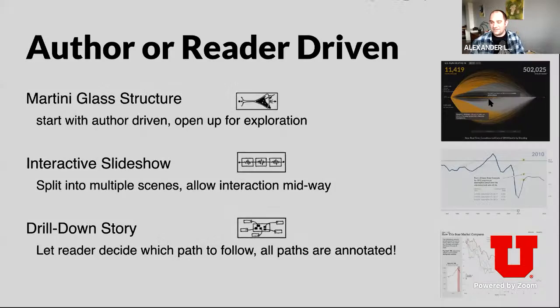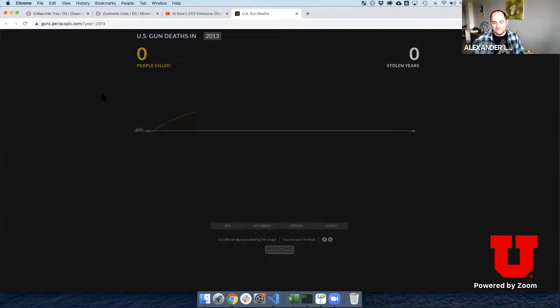And so here's an example of this Martini glass structure. This is about U.S. gun death in 2013. This is by Periscope, a data visualization firm. And so right now we're in the author-driven format. This is almost like a video. It's not interactive.